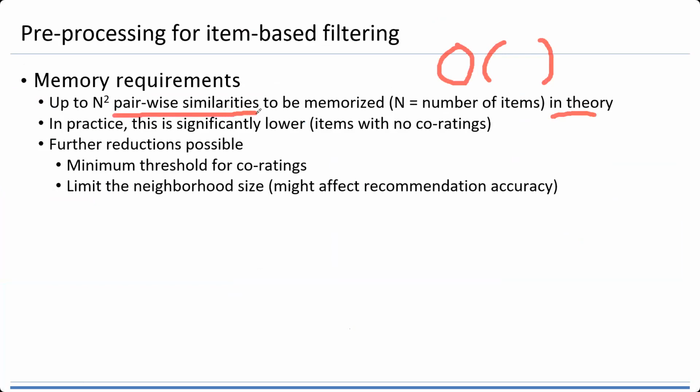So the computation will be big O of n multiplied by m. And let's suppose we have the pair, which is the items. Let's say the number of items and the number of users are the same. Then we will have big O of n to the power of 2. So it is quadratic.